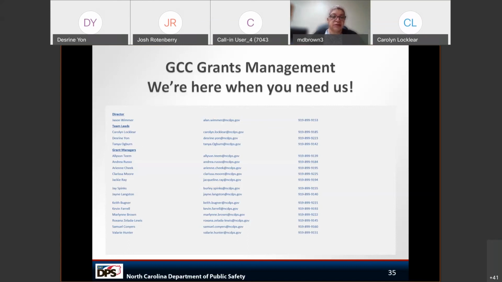They are good resource documents to refer back to should you have questions about whether something is allowable, applicable, something you can do with your VOCA grant, or something you can do with your VALOR grant. Then you can say, I got that from the workshop, but I'm not sure if I'm reading it correctly, and we're here to help you reinterpret it. Please don't hesitate to reach out to us. That's what we're here for, and that's what we enjoy doing.